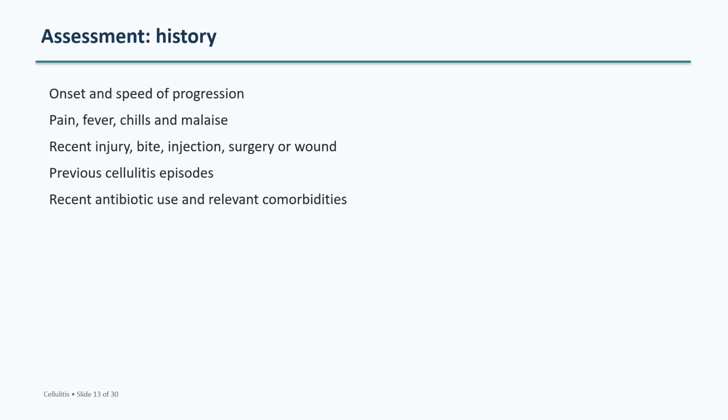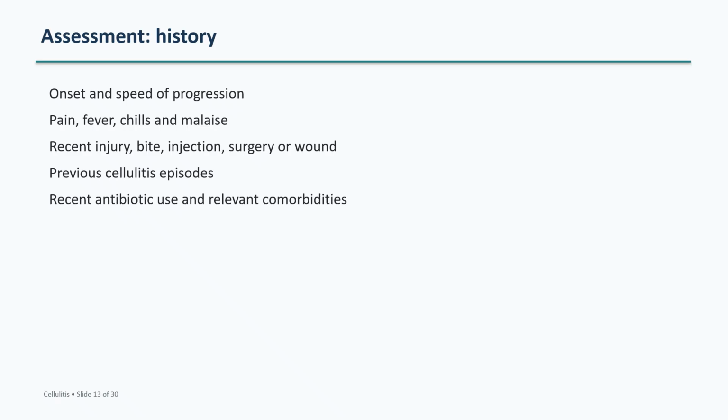Then we have to ask the patient whether they are having pain, fever, chills or malaise. Then, for the differential diagnosis, we have to ask whether they had any previous injury, bite, infection, surgery, or wound.